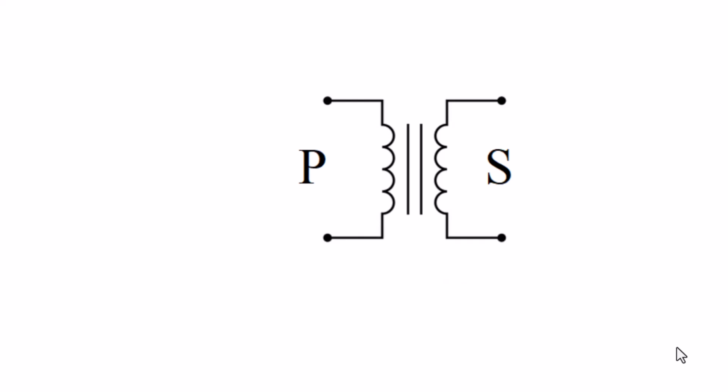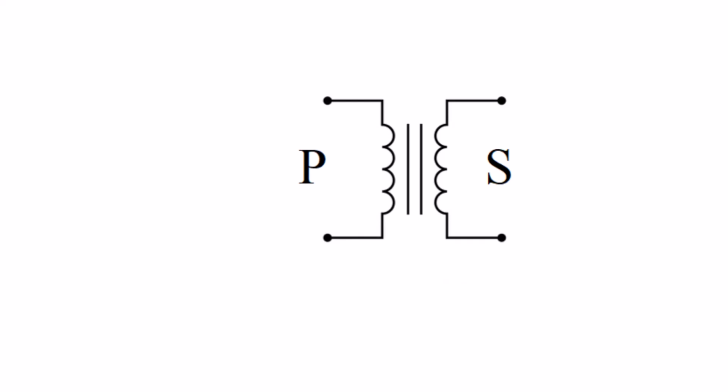The next question, what transformer turns ratio matches an antenna's 600 ohm feed point impedance to a 50 ohm coaxial cable? One of the reasons to use transformers is to adjust impedances of, say, a feed line to an antenna. And the impedance of a transformer is equal to the square of its turns ratio. That means that the square root of the impedance ratio would be equal to the turns ratio.